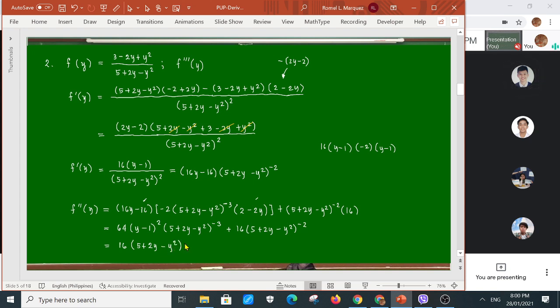Oh, which is the smaller exponent, negative 3 or negative 2? Negative 3. Oh, what is left of the 64 when I remove the factor 16? 4.